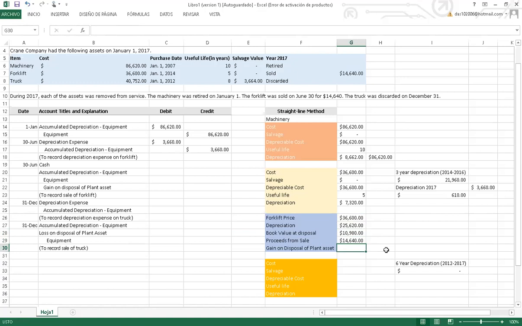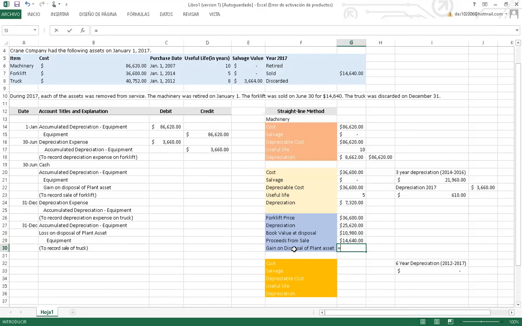Now, to make a judgment of if we have gain or loss on disposal of plant assets, we have to see whether the price of sale is bigger or lower than the book value. In this case, the sale value is greater. It is $14,000 compared to the book value of $10,000. So because of this, we're going to have a gain on disposal on plant assets.